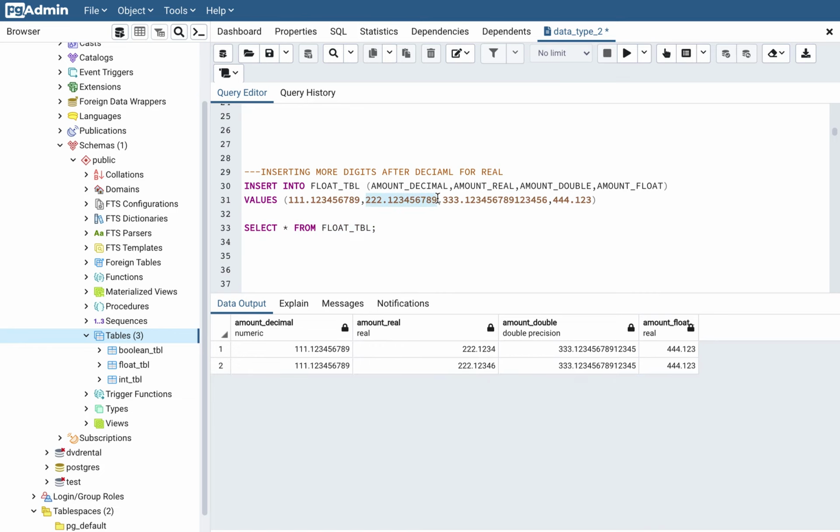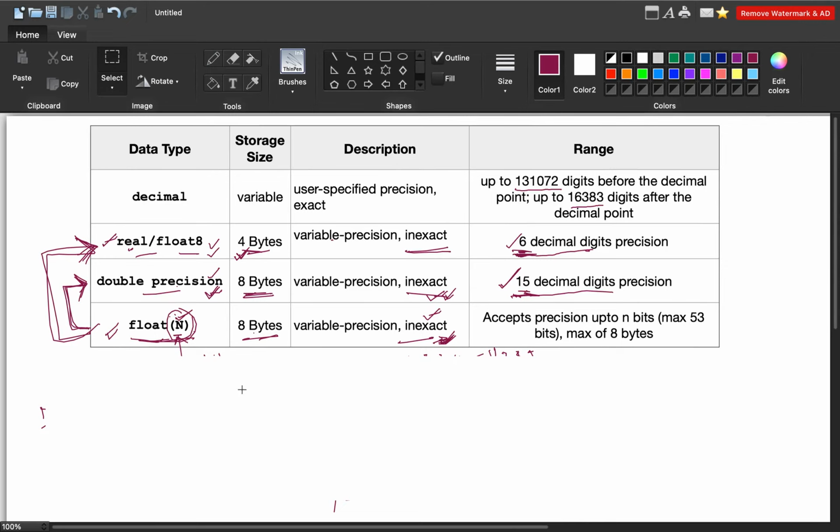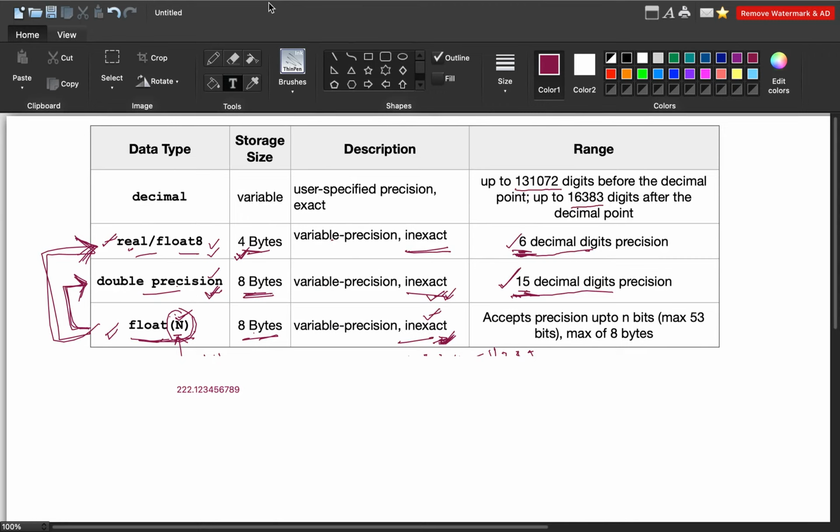Here, this is the value which we were trying to insert, but actually SQL has only inserted 1, 2, 3, 4, 6. Now let us see what SQL is doing here.